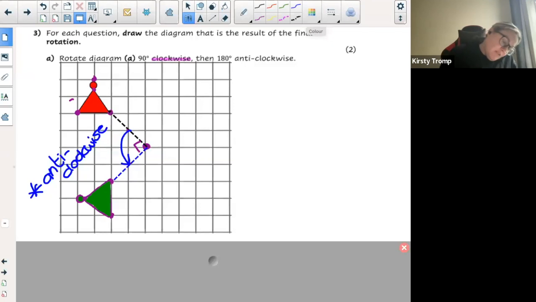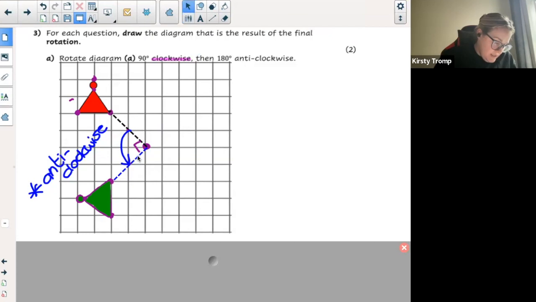So if I'm looking for the 90 degrees clockwise position, I want to rotate this clockwise. I'm still going to look at the line that I drew. Now I need to take this line. I'm going to delete this other line, otherwise it might confuse us, everybody.